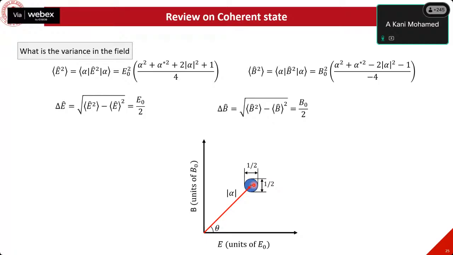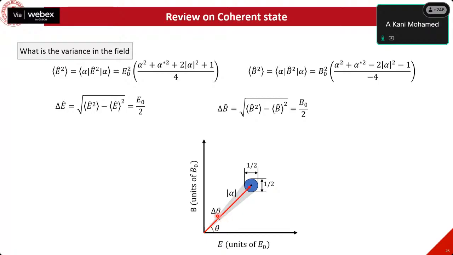But LIGO is trying to detect the path length difference that is giving rise to a phase difference in the two interfering beams. So this is the phase of the electromagnetic field, and this is the uncertainty in the phase that the field has.